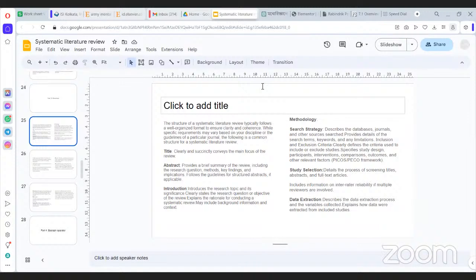Now, usually we write down the aim of the study or objective of the study. But in the case of a systematic review of literature, you have to write down your research question, not the objective or aim of the study. Yeah, so that is the structure.